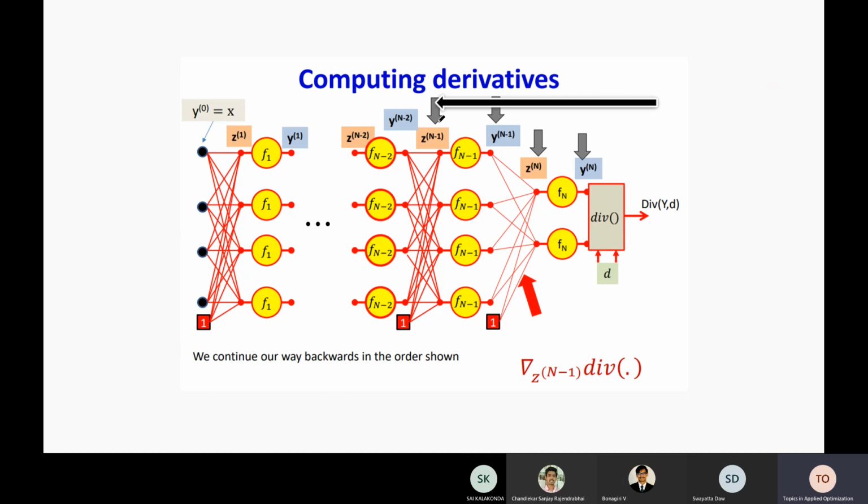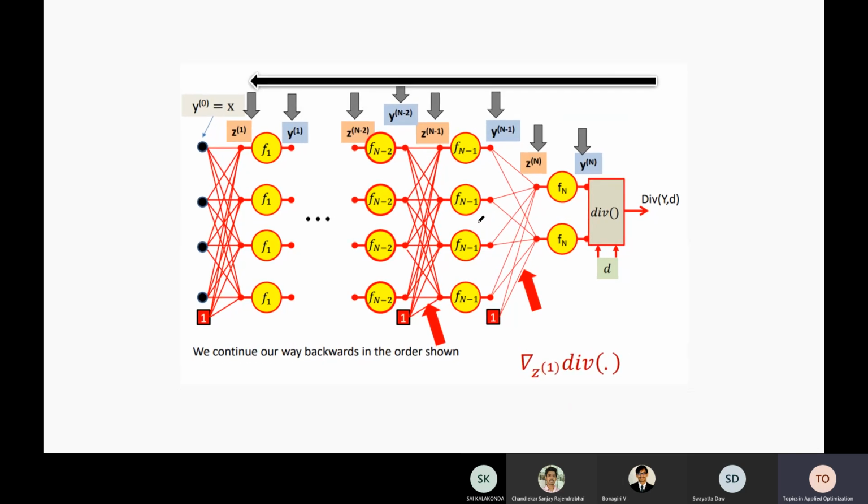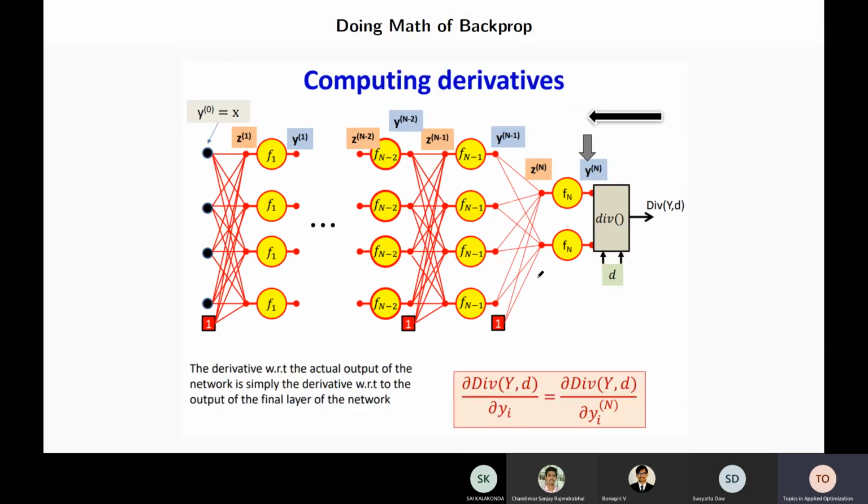Then we compute the derivative of the loss with respect to Zn-1 using these intermediate steps like I described in the previous slide. Here are the weights Wn-1, and here are the weights Wn. Hence I can also compute this using the chain rule, and so on.